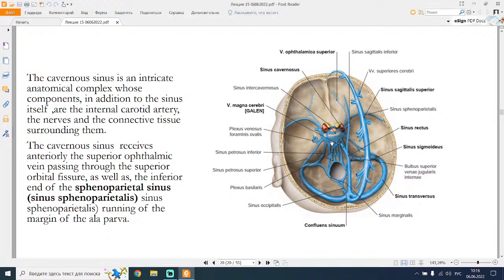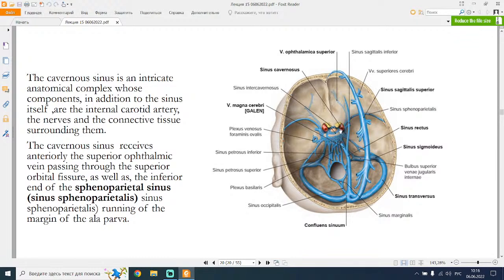The cavernous sinus is an intricate anatomical complex whose components, in addition to the sinus itself, are the internal carotid artery, the nerves and connective tissue surrounding them.